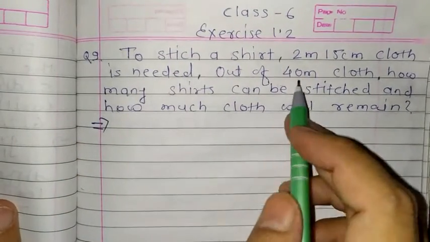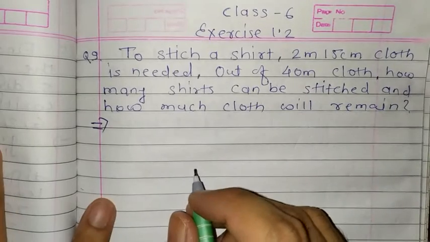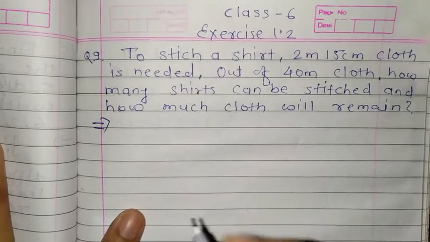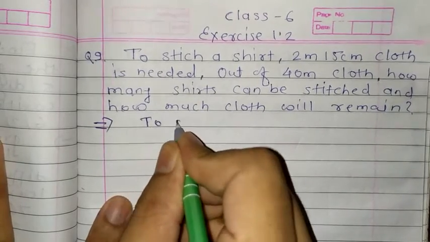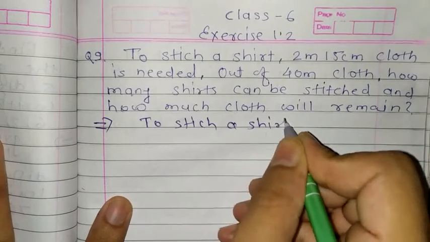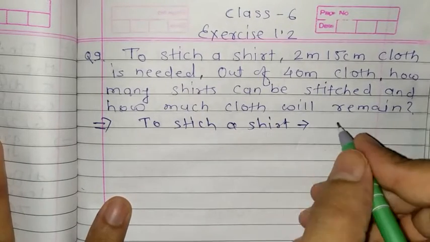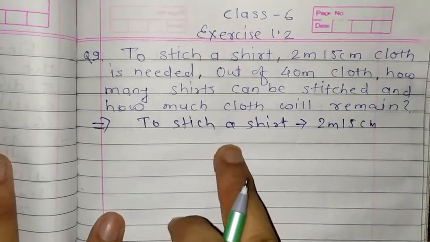So in the given information, they mention 2 meter 15 centimeter cloth is needed out of 40 meter cloth. So here, to stitch a shirt, how much cloth is required? 2 meter 15 centimeter.